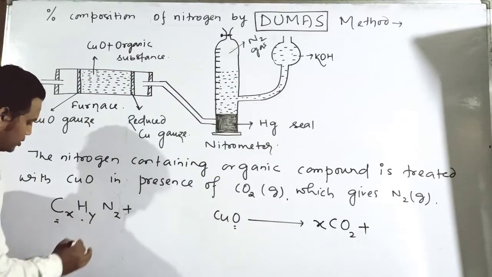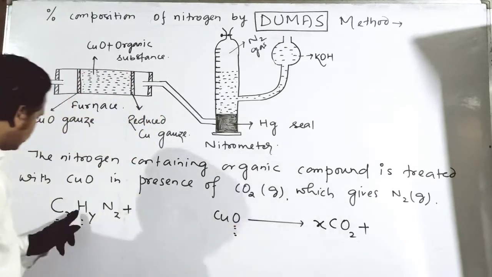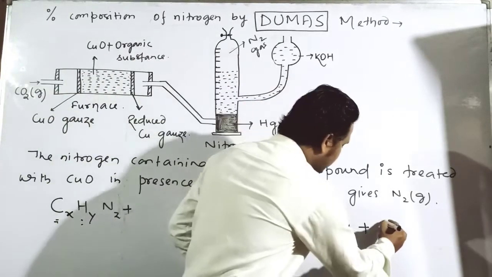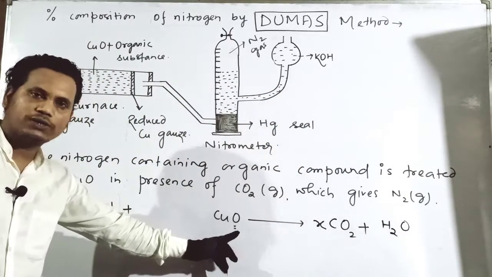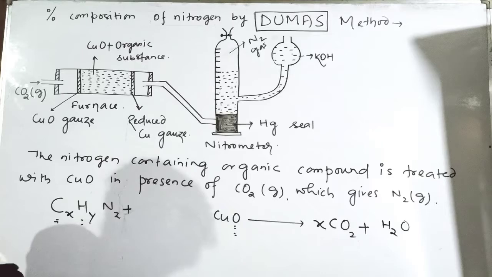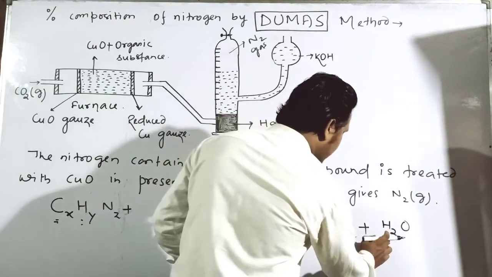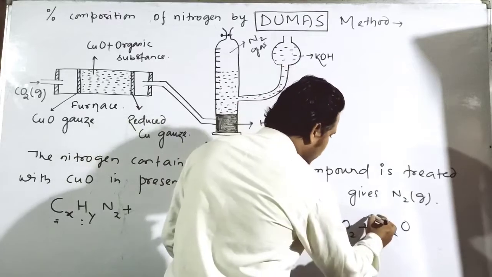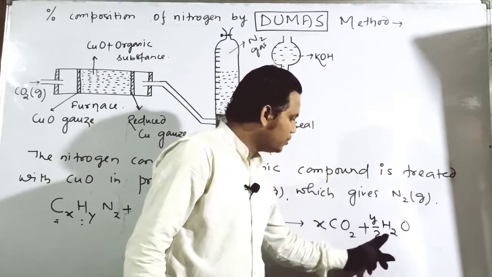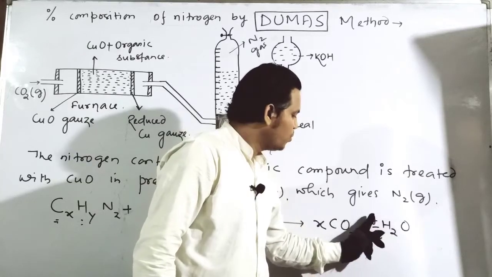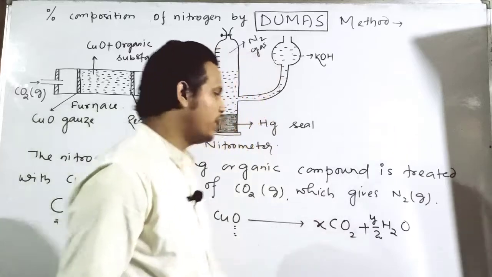Hydrogen also reacts with oxygen to give water. How many hydrogen are there? Y. So here it should be Y by 2 into 2, the 2 cancels, and this will be Y times.